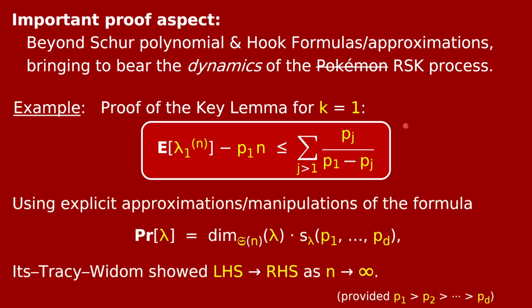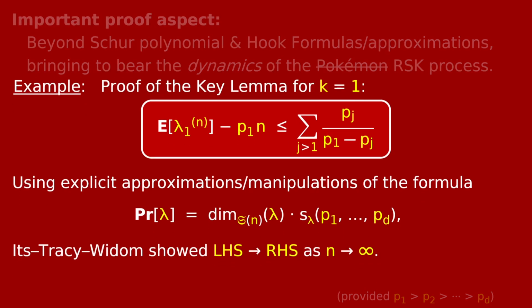Now, as mentioned, this is to some extent what Itzkowitz, Tracy, and Widom studied, and what they showed was that the difference on the left-hand side tends, in the limit as n goes to infinity, to the number on the right-hand side. And as I mentioned, they did that by explicitly doing some hacking with the asymptotics of this Schur polynomial and these dimensions and so forth. So it really seemed to heavily involve the fact that you were taking a limit as n goes to infinity.